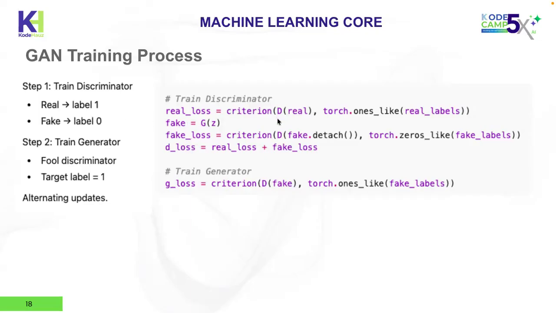So you calculate the loss, which is whatever loss function you are using. You calculate the discriminator's label for the real value, right? And the real labels, okay, the real labels are all ones. So you calculate the loss function between that, okay? Then you now take the fake data, which is G of Z, where G is the generator, right?